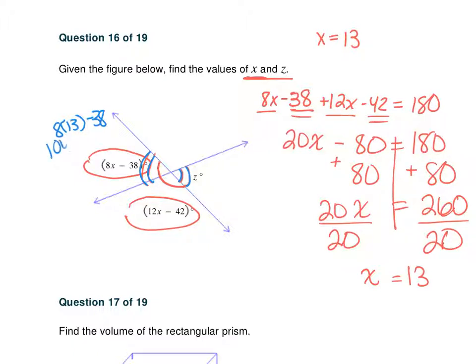That gives me 104, take away 38, and you're left with this angle equaling 66 degrees over here. Vertical angles are congruent, so because this angle's 66 right here, this one is also going to be 66, so that leaves us with z equals 66 degrees.